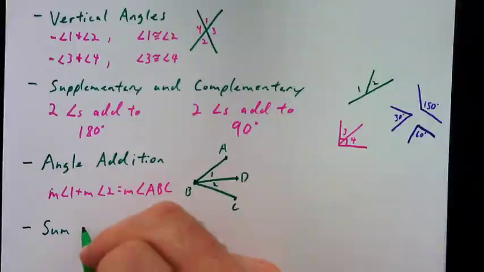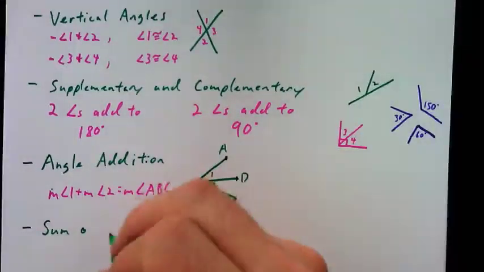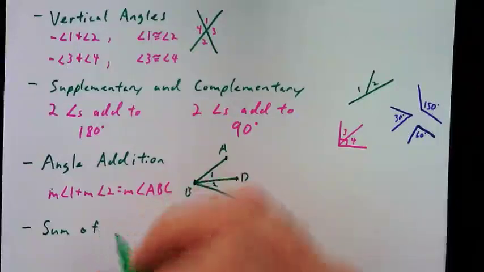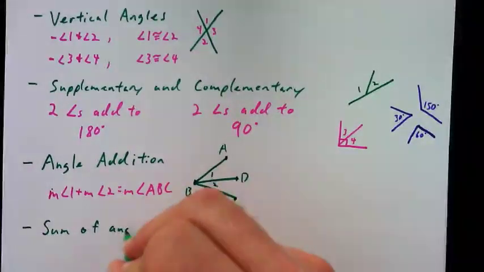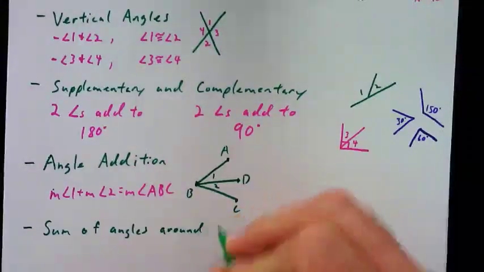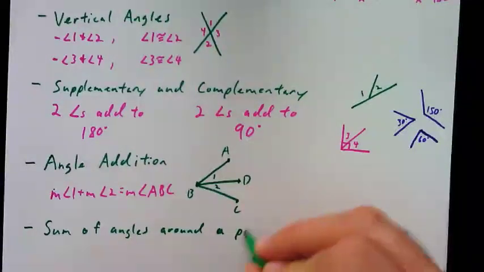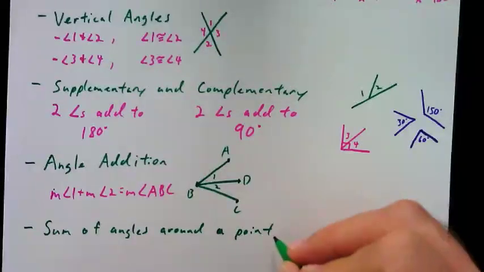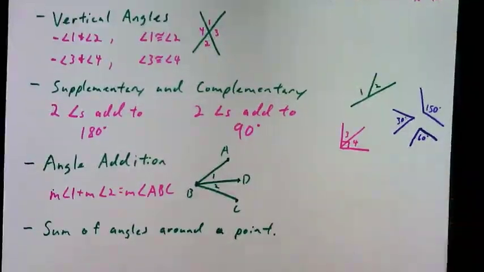Another idea that you need to know, which again goes along with the idea of angle addition, sum of angles around a point. What is the sum of all angles around a single point?